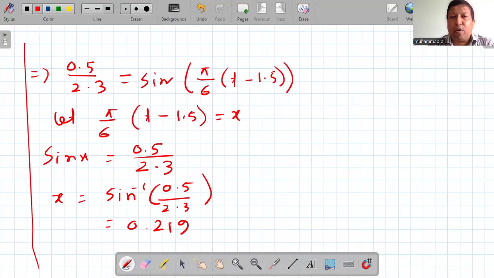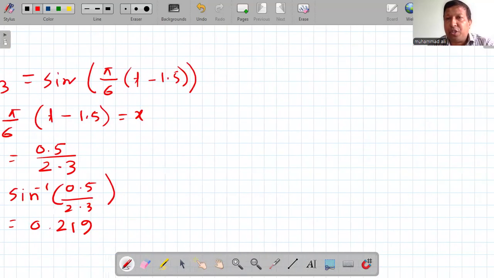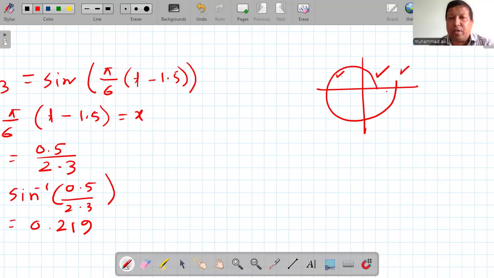Sine is positive in the first quadrant and second quadrant in the first revolution, and in the second revolution also sine is positive in the first and second quadrants. So this result is from the first quadrant. If you want the result in the second quadrant, we have to subtract 0.219 from pi. Pi minus 0.219.